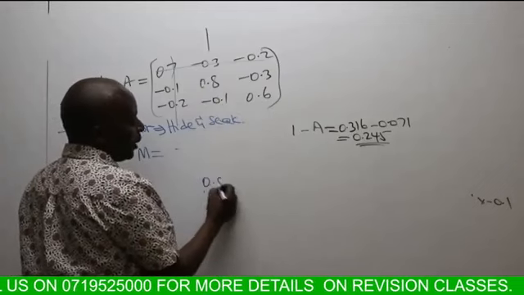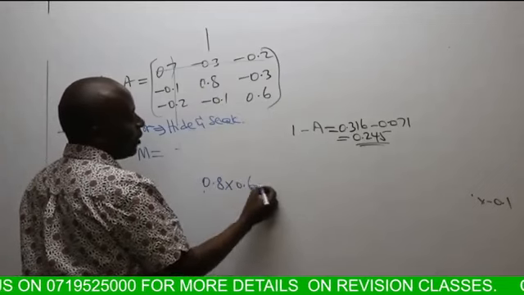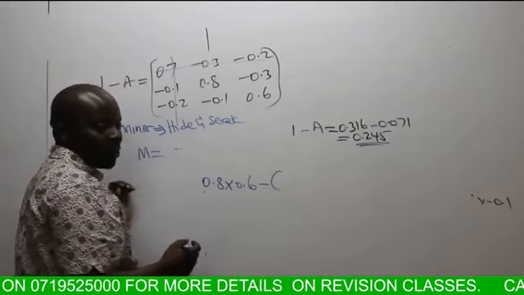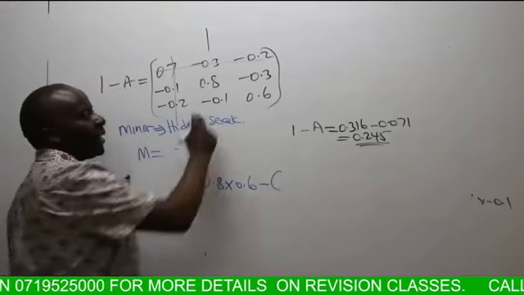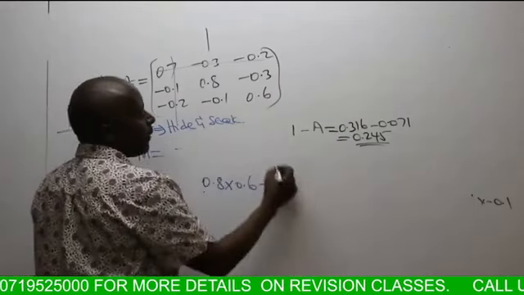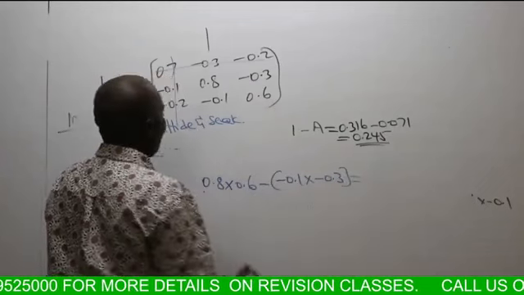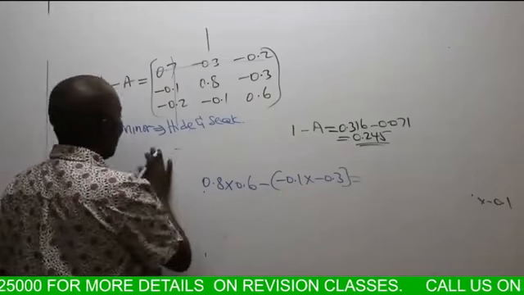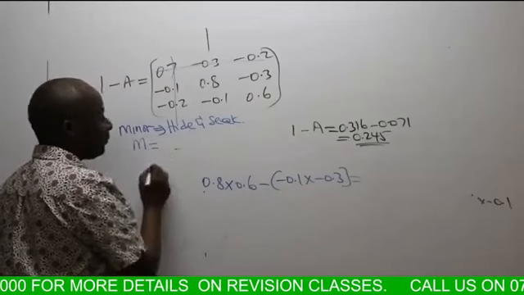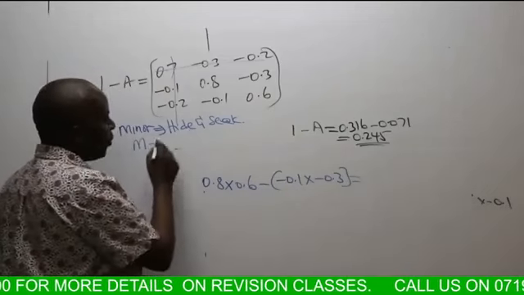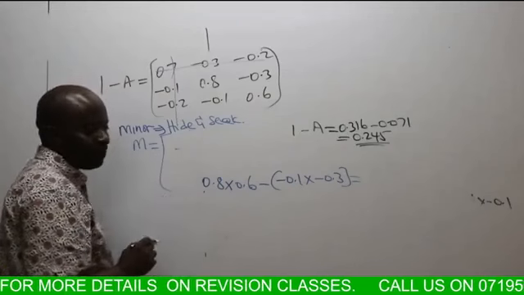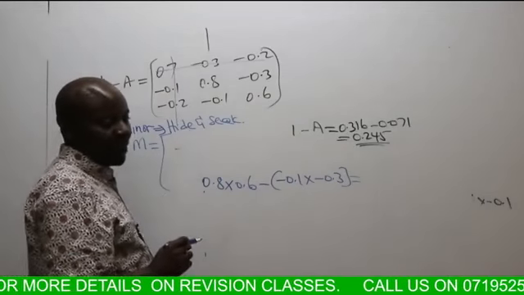So this will be 0.8 times 0.6, minus, always put brackets for secondary, minus 0.1 times minus 0.3. So could you kindly give me the figure here for M? M will be equal to what? The first minor element.